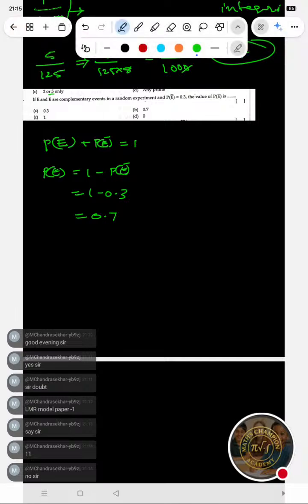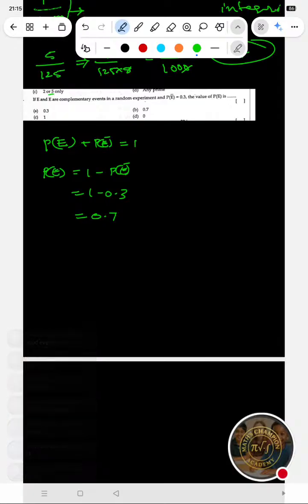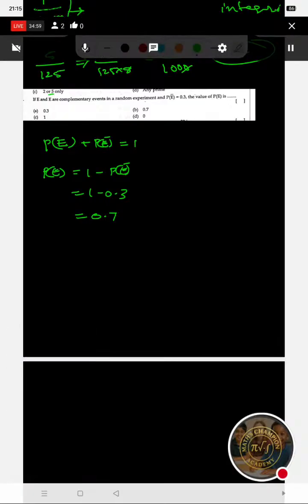Model paper question paper 1, I am looking for the page number.